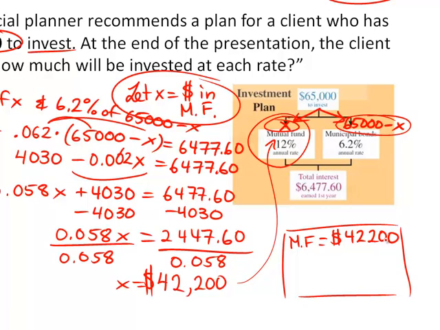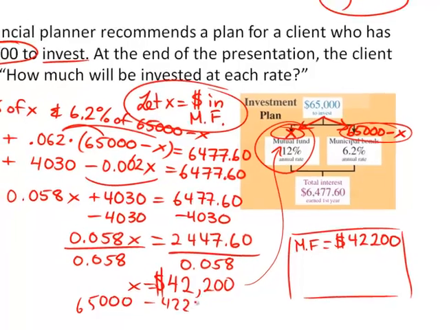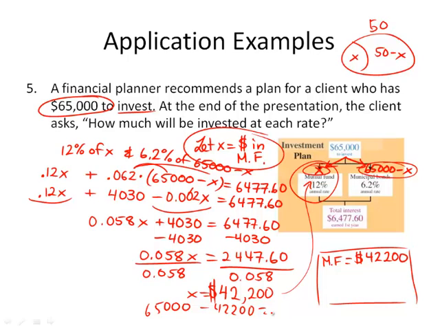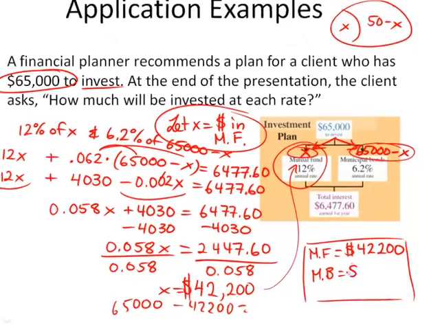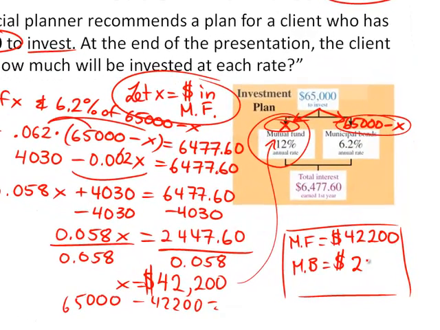And we can take 65,000 minus 42,200 to get the municipal bond amount, giving us municipal bond being 22,800. And there you have it.